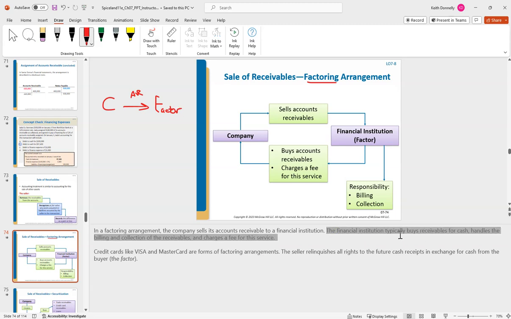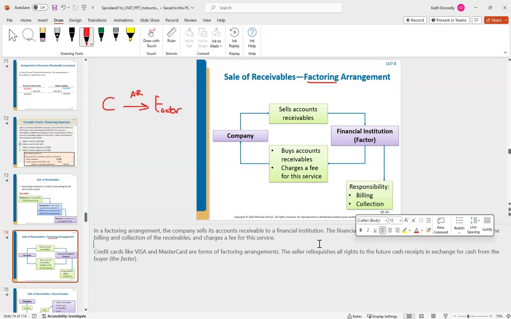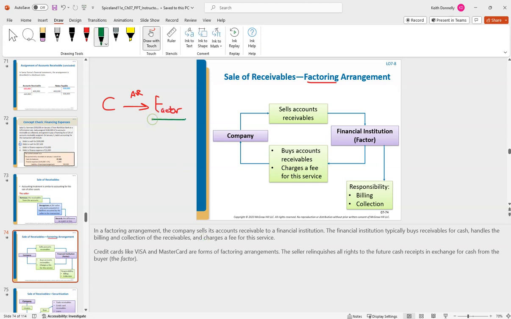And it says the financial institution typically buys the receivable for cash, handles the billing and collection of the receivable, and charges a fee for the service. So essentially, we'll sell it to the factor, and then they'll handle what's going on. We sell it, they buy it, and they're going to charge a fee for this service. Thereafter, they're responsible for collecting it.